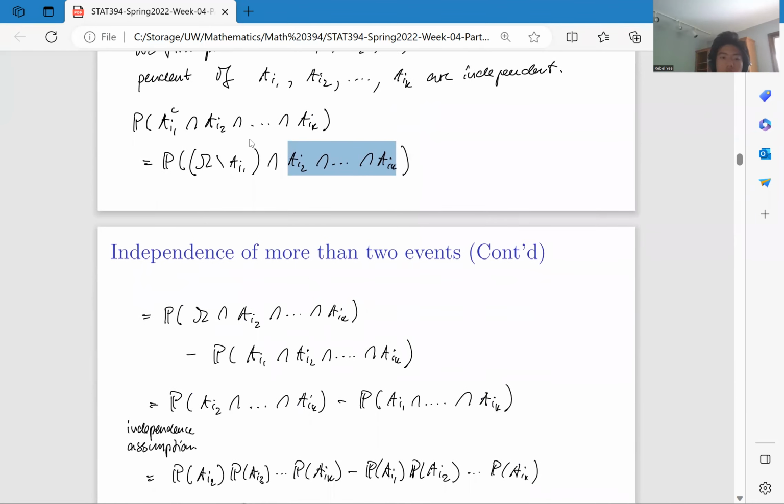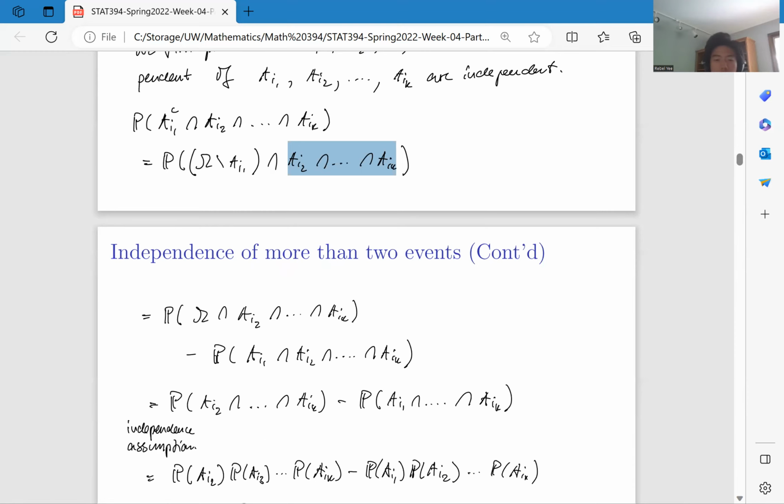And because this is a single term, we can use the distribution law to distribute it out. So the first term becomes probability of omega intersection A2 to AK minus probability of A1 intersection to AK.